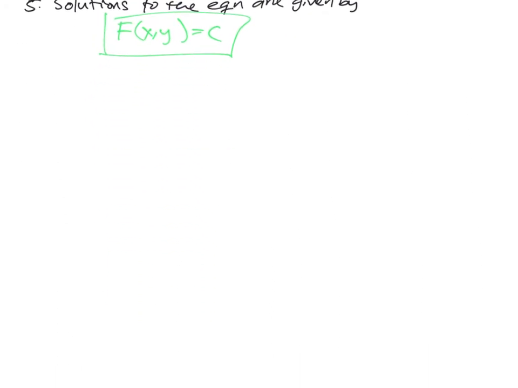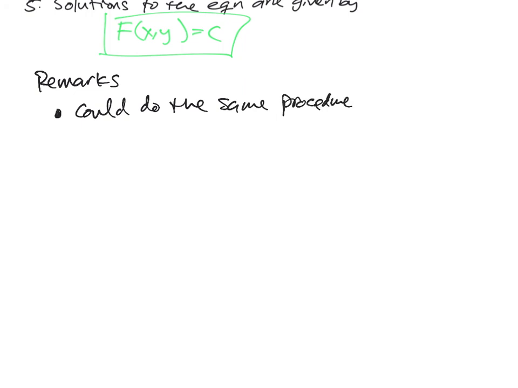All right, I'm going to make a couple of remarks now. So you could have done the same procedure if you started with N, df/dy equals N of x,y, and then you could have integrated everything with respect to y, and then when you got your constant of integration, it would be some function g of x, and everything kind of goes the same way.